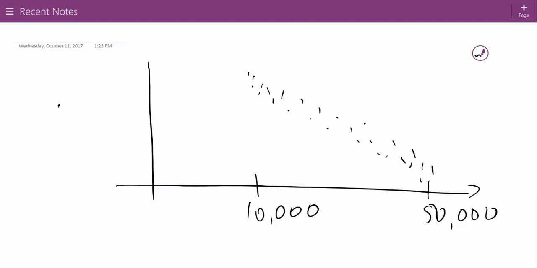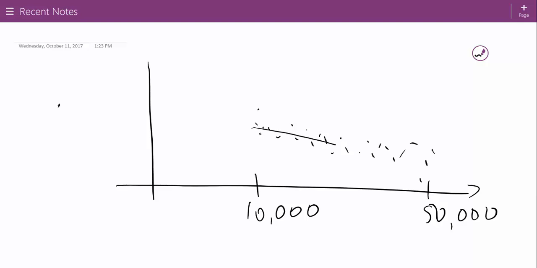Let me make it less steep, like that. So this is my equation, which says price is equal to my intercept plus the slope times the mileage.